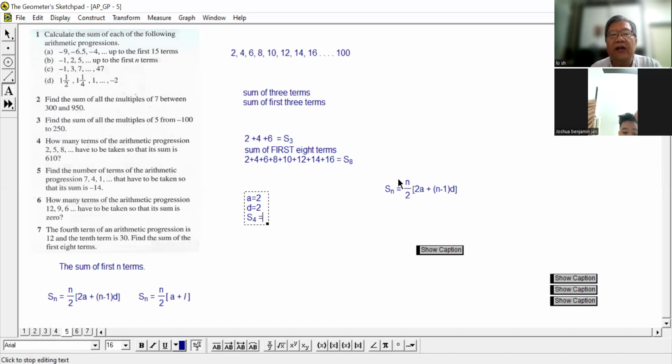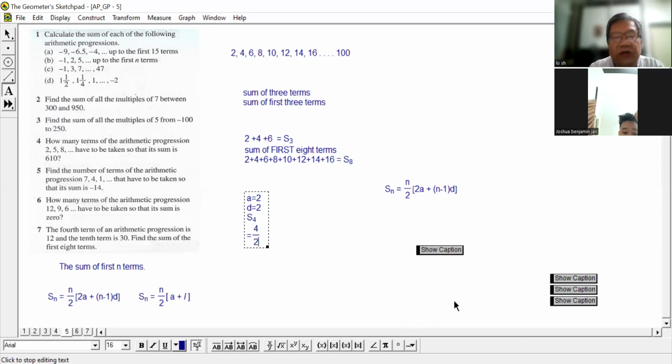Okay, so I put down n over 2. How much is the n? I want to find the sum of first four terms, so n is 4. Then divide by 2.